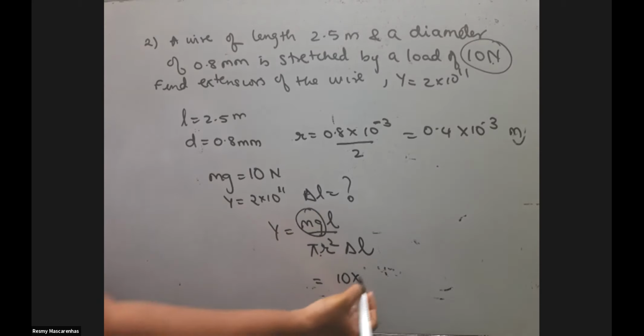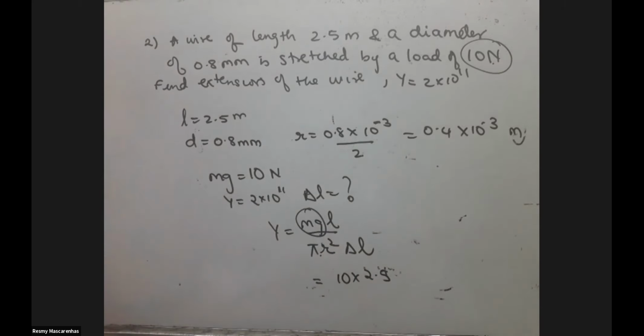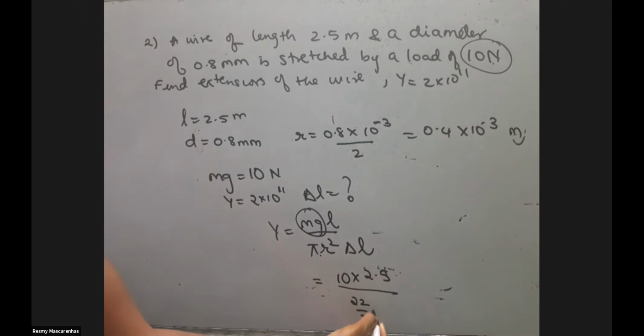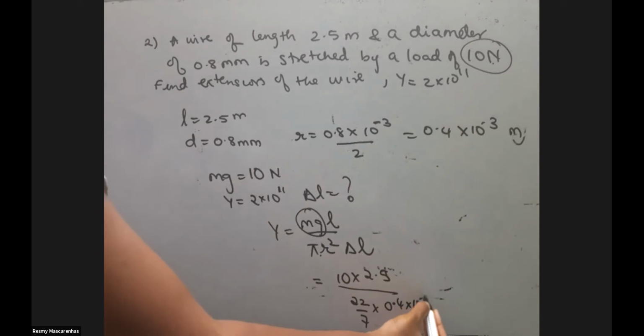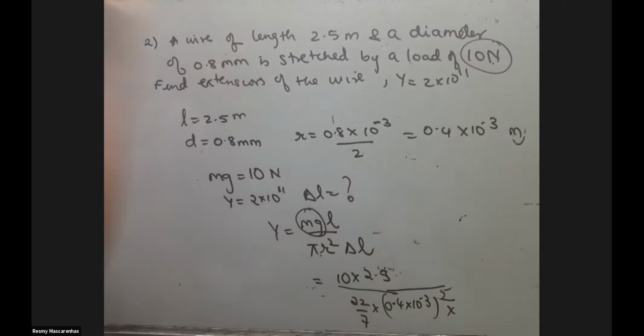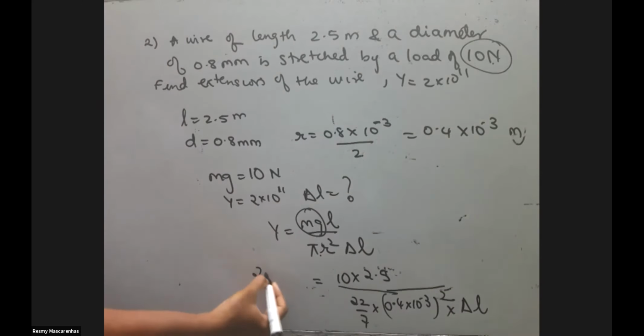This whole thing will be 10. Length is 2.5. There is square now into 10 raised to minus 3 the whole square into delta L. This will go up, 7 will go up.